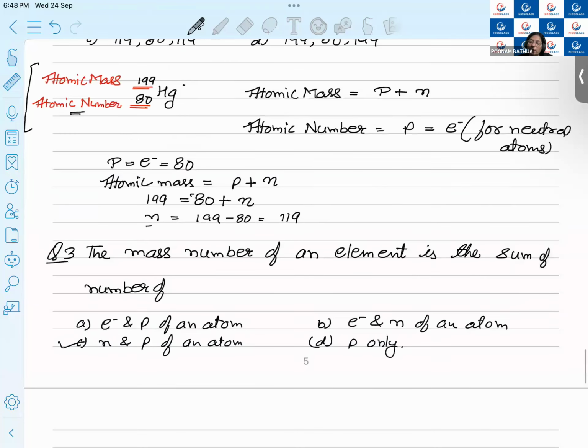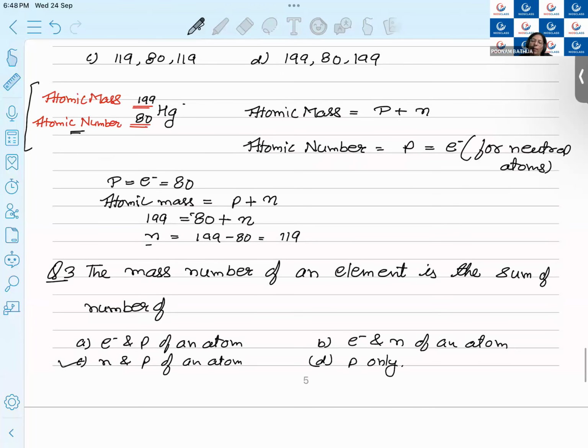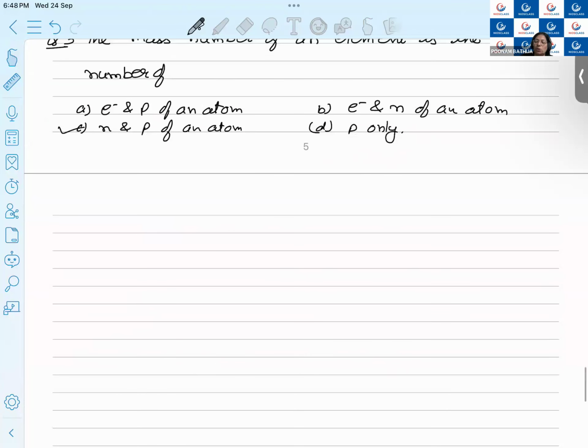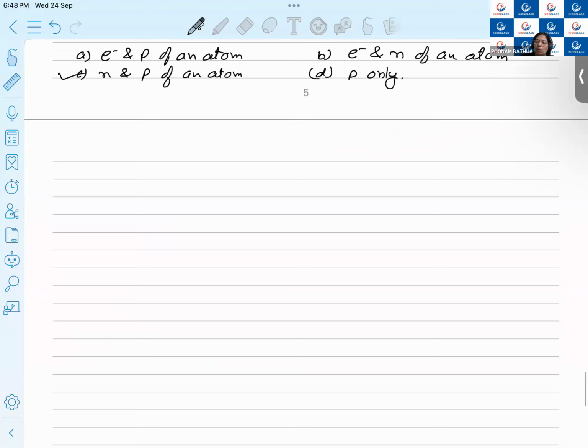I have written C. Atomic mass: proton plus neutron. The same thing can be asked in a different manner. They can change the language in any manner, so we must be able to decode that language.